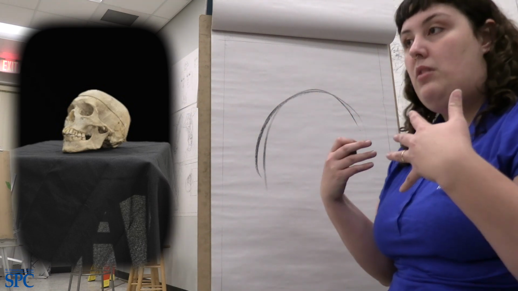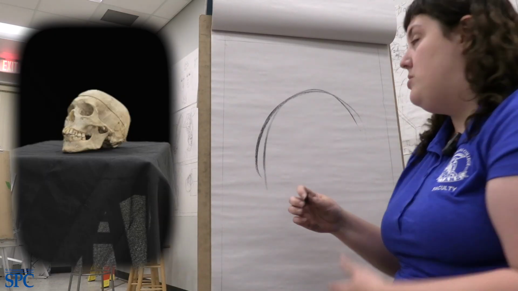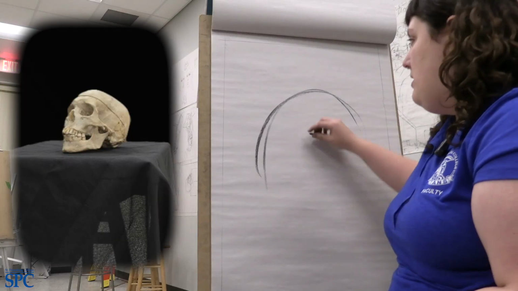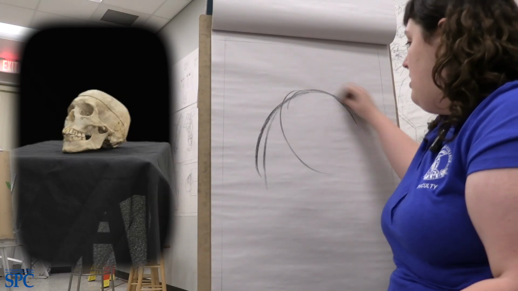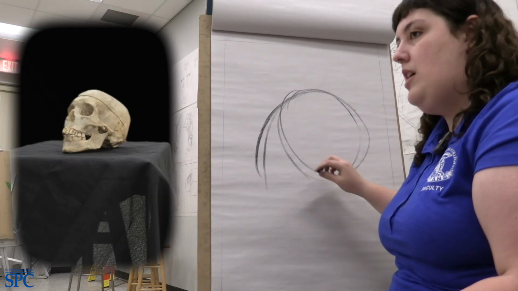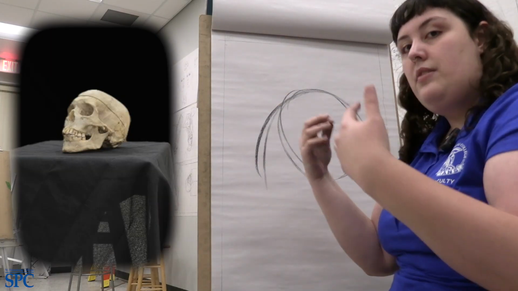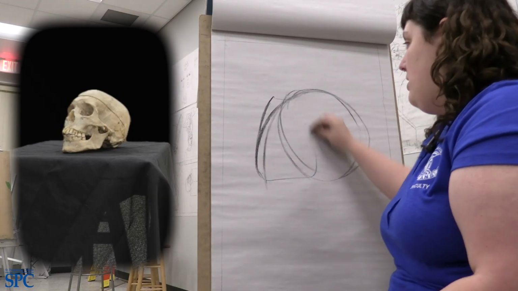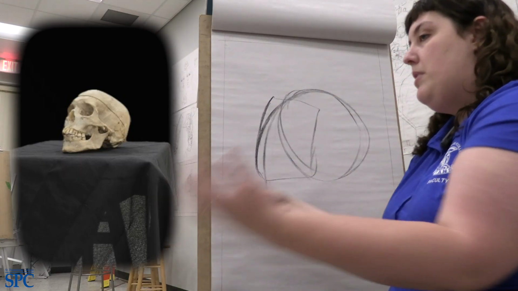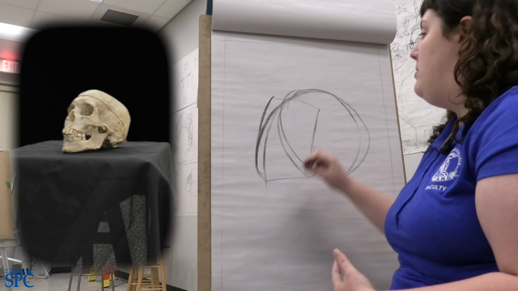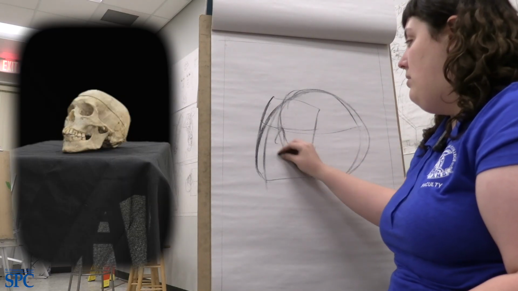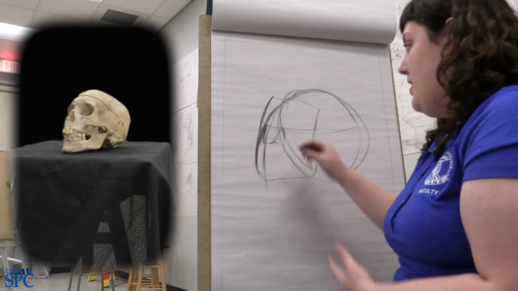And then we're going to build off of that line of action, looking for those big shapes. So I'll first look for that big circular shape in the back, the cranium, and I'll just get that simple circular shape down, and then the front of the skull can be simplified into kind of a rectangular shape. And then I might build off of that, looking for the direction that the eyes are pointing, maybe a little spot where the nose might be.